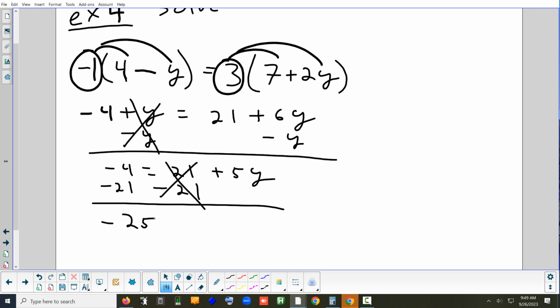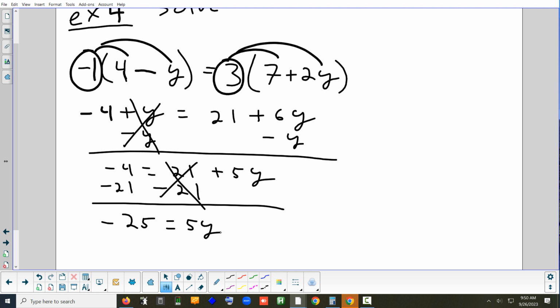And what would still be on the right side? Yeah, you still have the 5y. Alright, so we get -25 equals 5y.